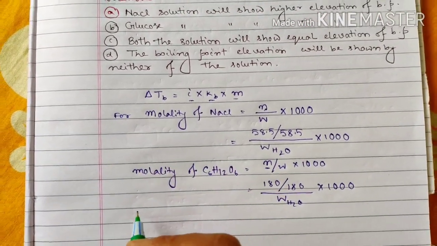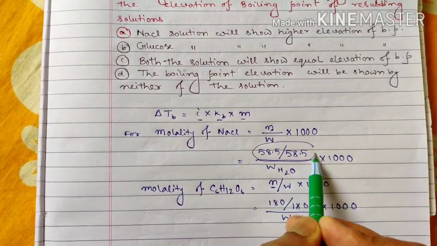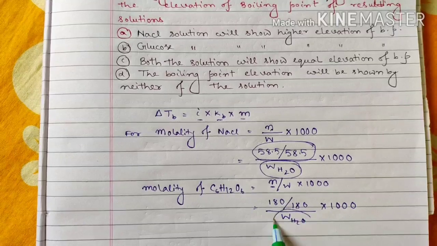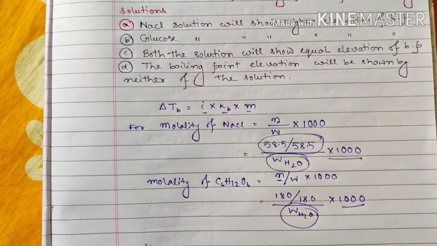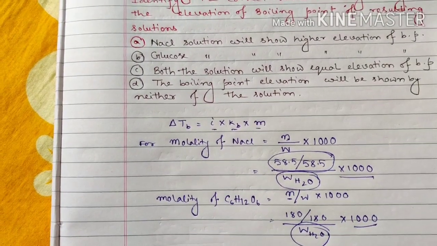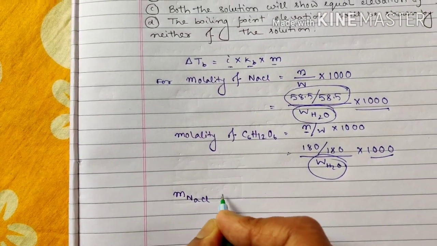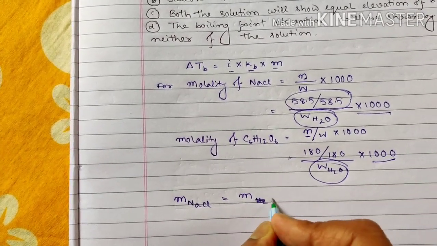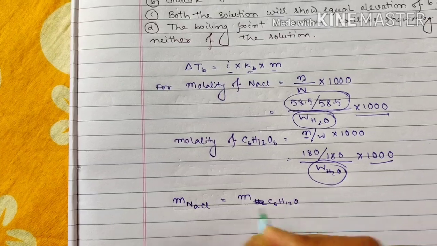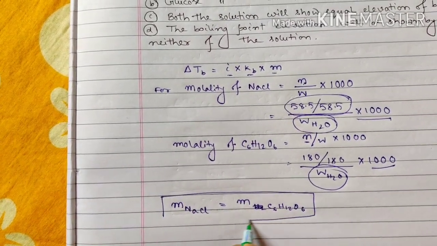See, for both solutions this value is 1 and the 1000 will be the same. So the molality of NaCl is equal to the molality of glucose, and we have to accept this.